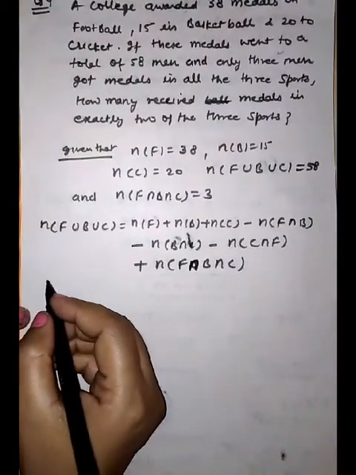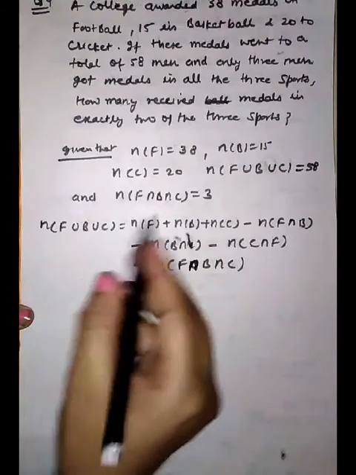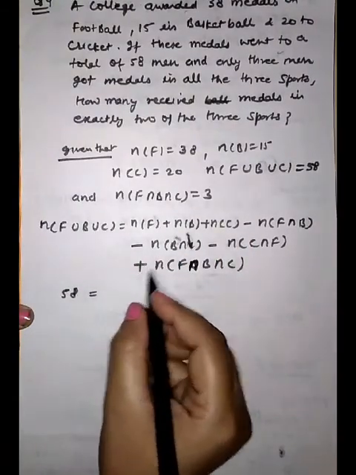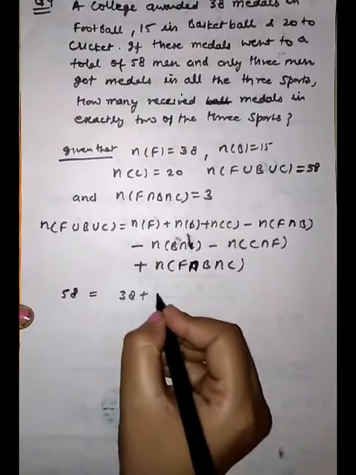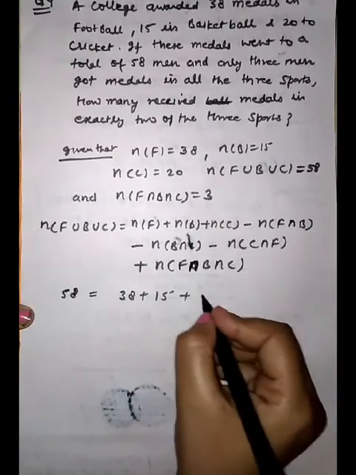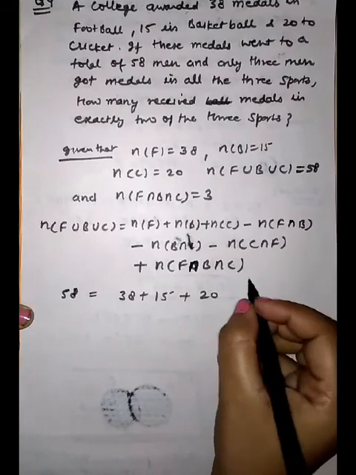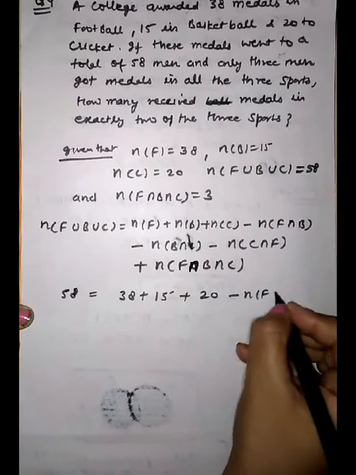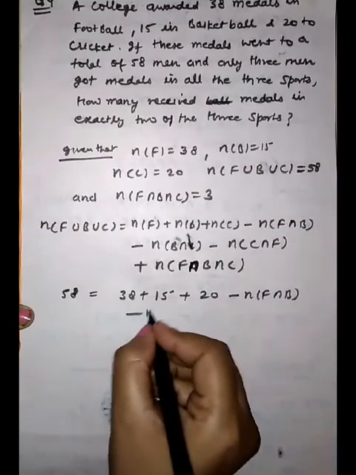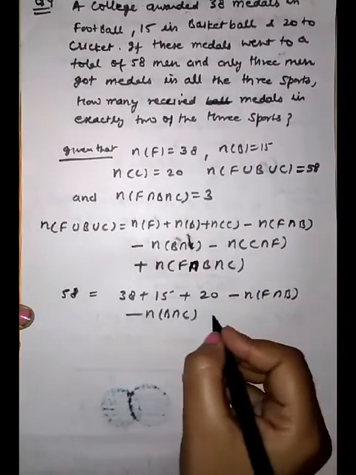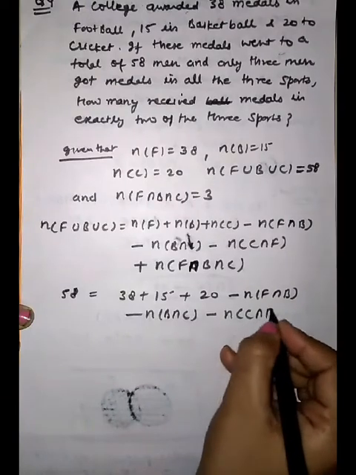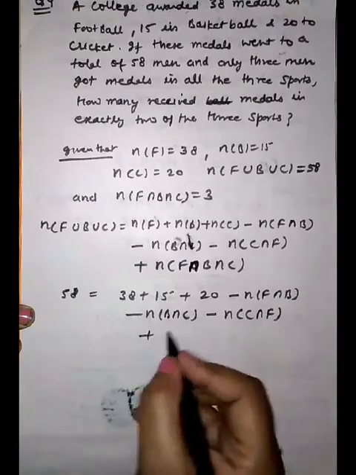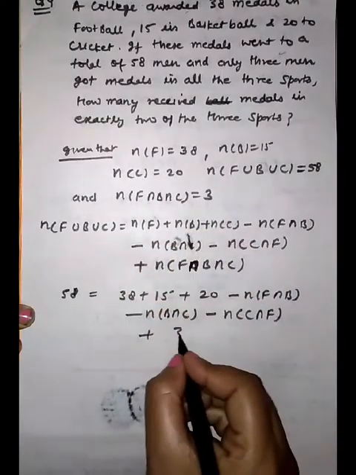This value is given as 58, so write 58 equals 38 plus 15 plus 20, and these values are not given, so you write them as they are, and this common value is 3.